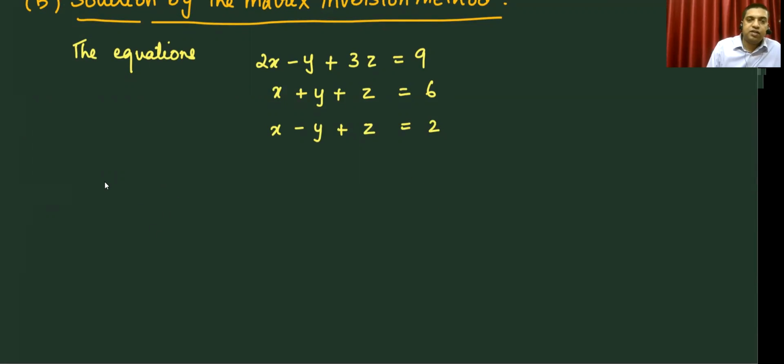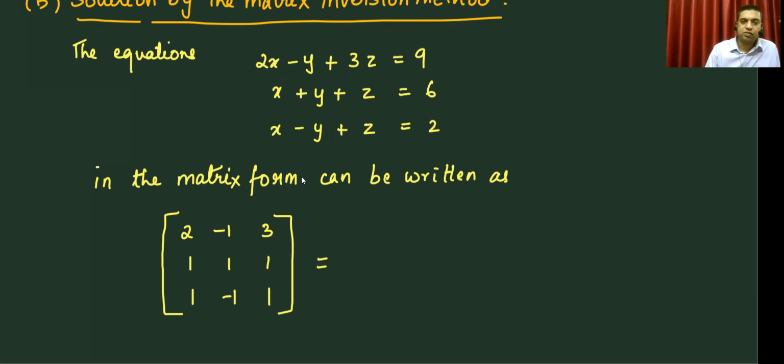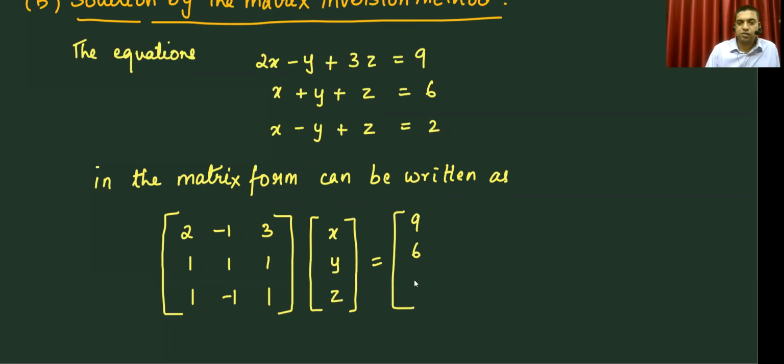All right. So the equations in the matrix form can be written as 2 minus 1 3, 1 1 1, 1 minus 1 1 times x y z equals 9 6 2.